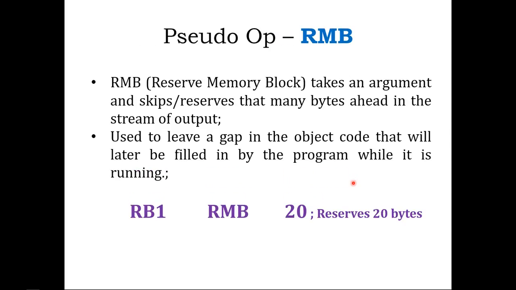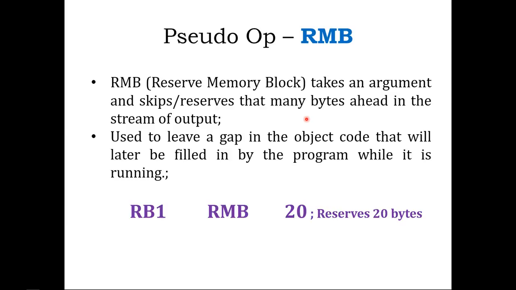Now, another one, I'm sure that you have also seen this one, RMB, which is called reserve memory block. This we use to reserve memory bytes. This takes an argument and skips or reserves that many bytes ahead in the stream of the output. Because a lot of times, instead of just using some memory bytes, we reserve memory bytes so that we can use them in the future, in a later part of the program, okay?